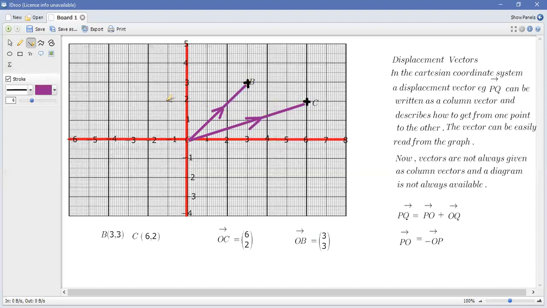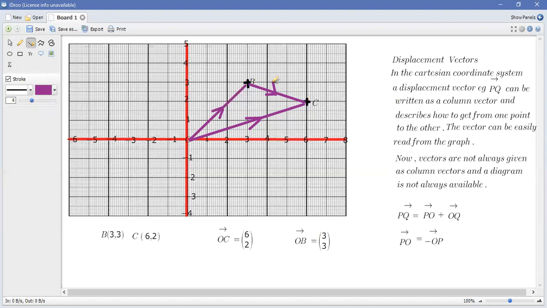Now we want to travel from B to C. Now they're asking you to find the vector BC.